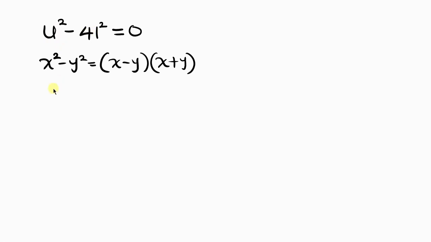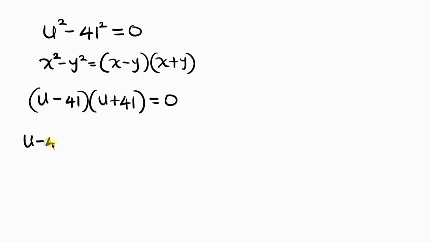This becomes u minus 41 times u plus 41, equal to 0. So there are actually two cases here. For the first case, we have u minus 41 equal to 0, and for the second case, we have u plus 41 equal to 0.